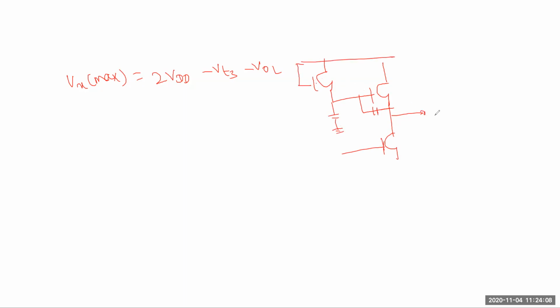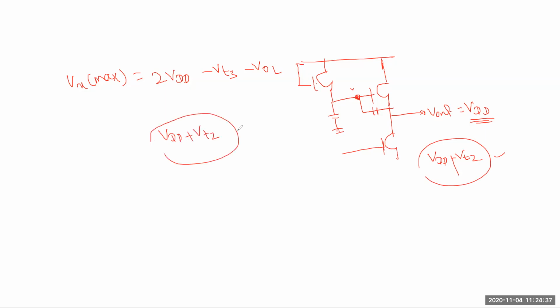So here we need Vout equal to VDD. We need VDD always, so Vx should be VDD plus VT2. This voltage should be VDD plus VT2. This is the actual requirement, but we are getting this maximum value.